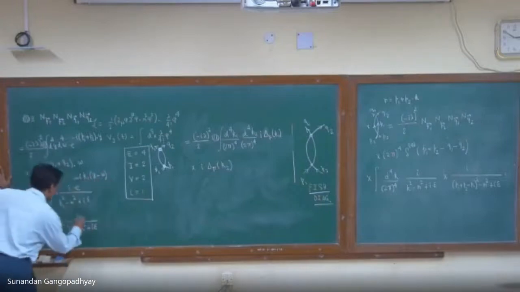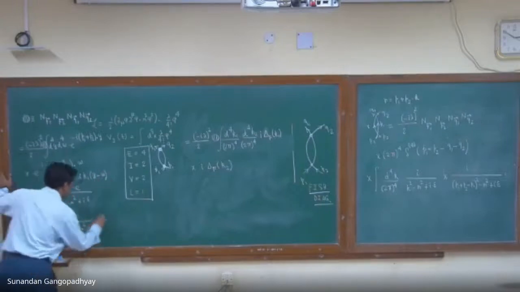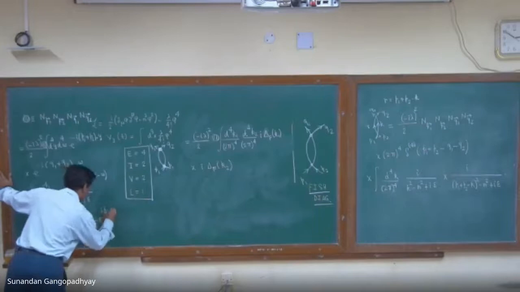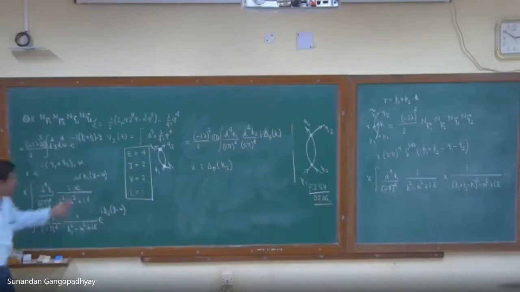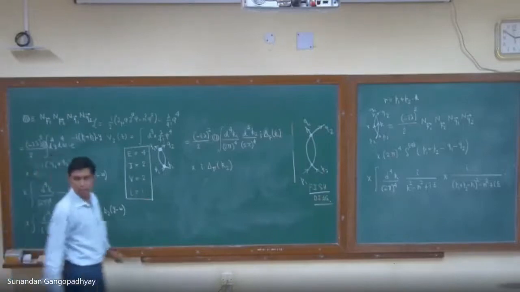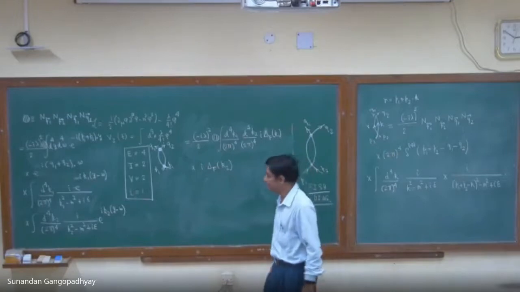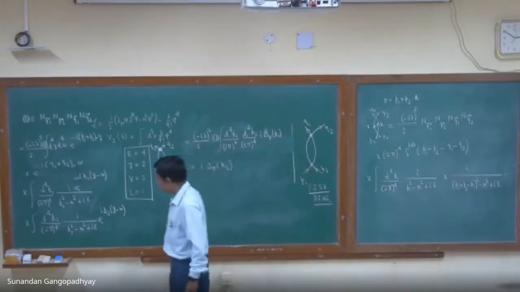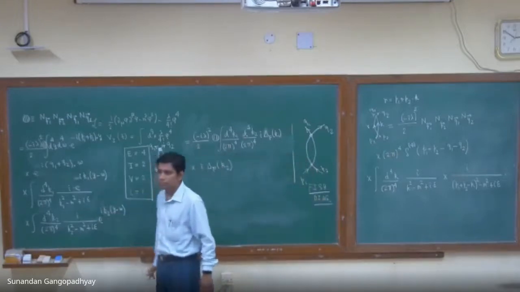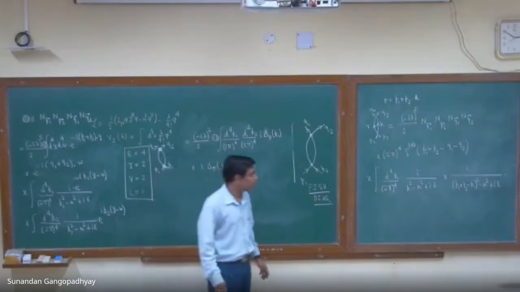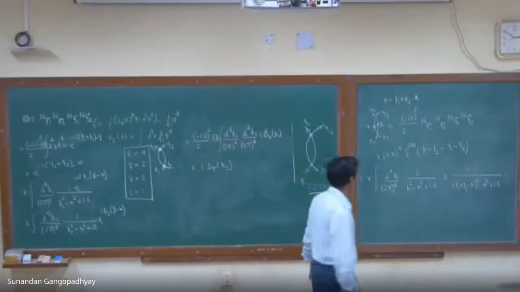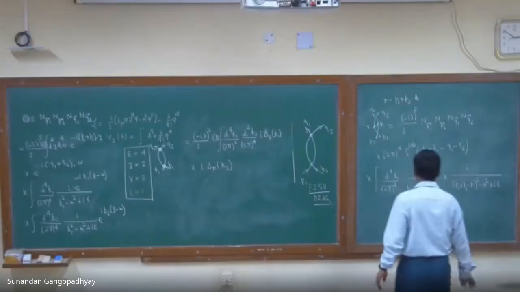I missed these exponential factors while writing the Feynman propagators. Now is it correct? Yes, okay, good.